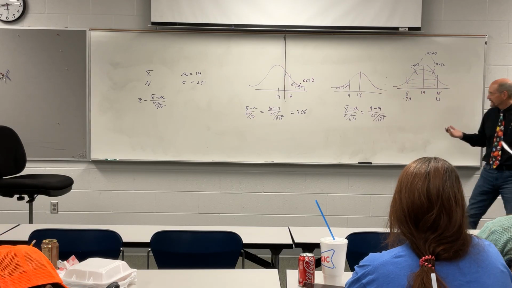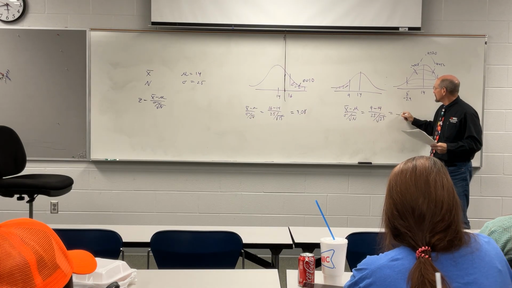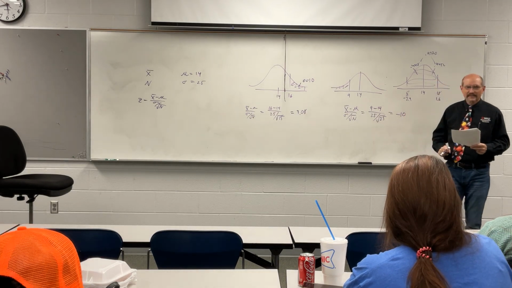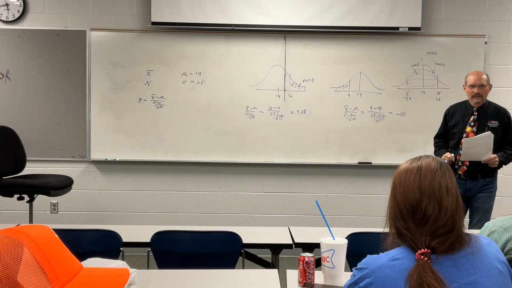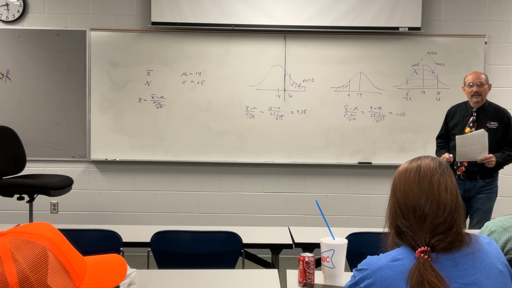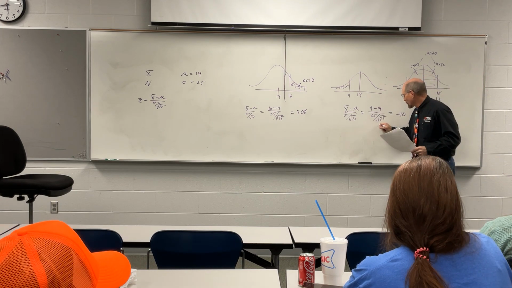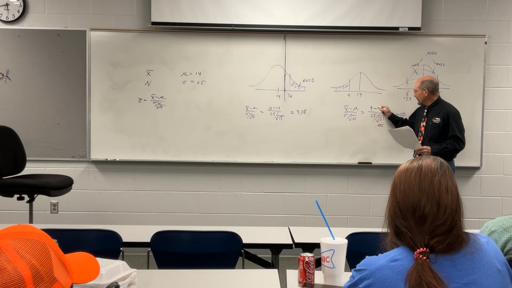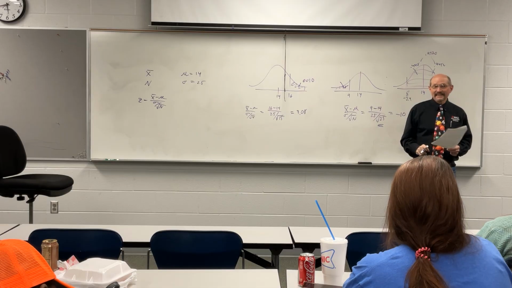Square root of 25 is 5, 2.5 out of 5. Basically, the answer here turns out to be a negative 10. That's a z-score. It's a negative 10. Mainly because the 25 is so big compared to the separation, this value doesn't actually appear in your table.